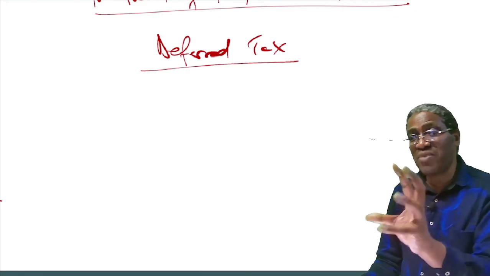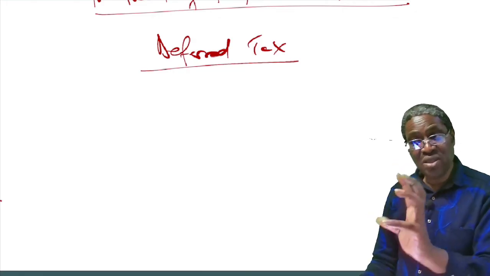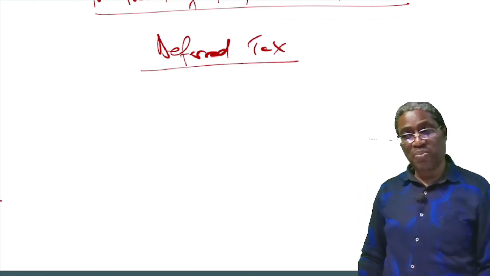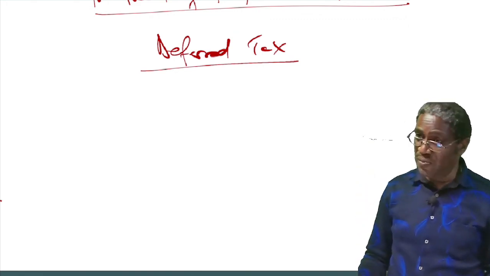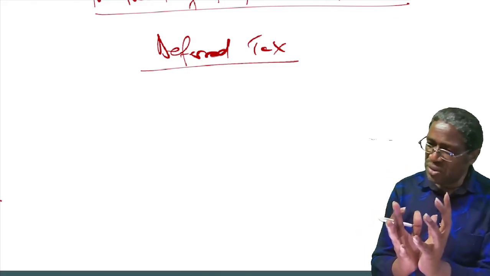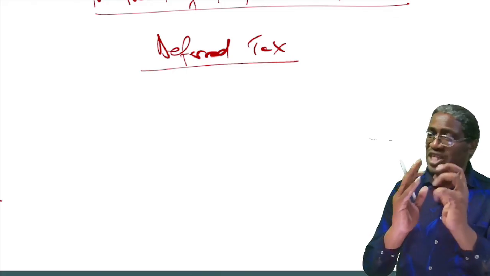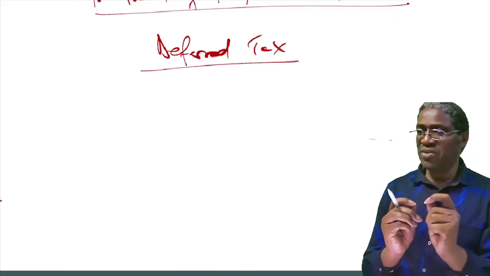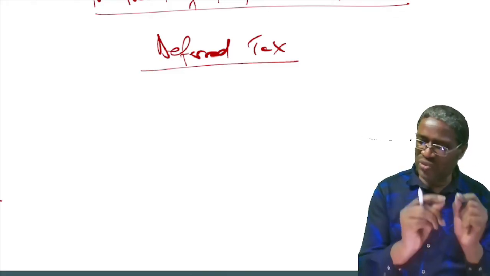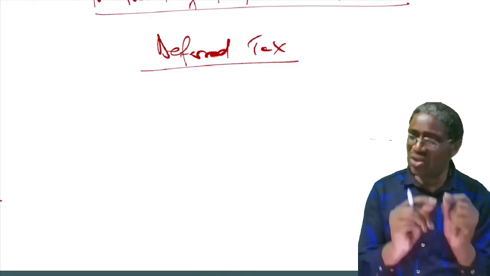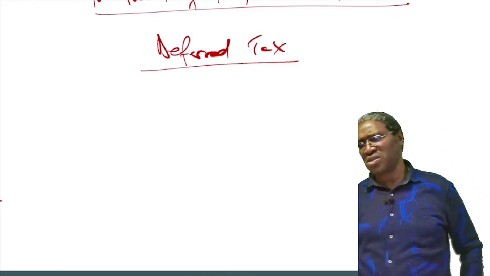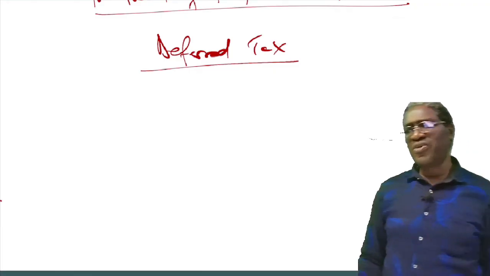How did they get the 5 million? That's not my concern. That is a concern we shall deal with in the other topic of deferred tax on its own. But now I want to assume they have given you the amount, or you have got the charge for the year. But now you need to ask yourself, do I add to the current tax or do I deduct? But first we start by just briefly asking ourselves, what is deferred tax?